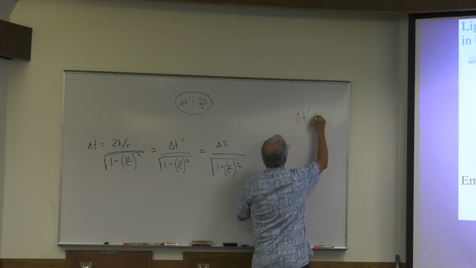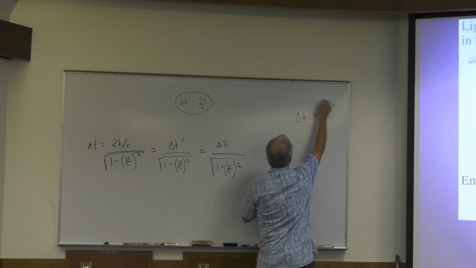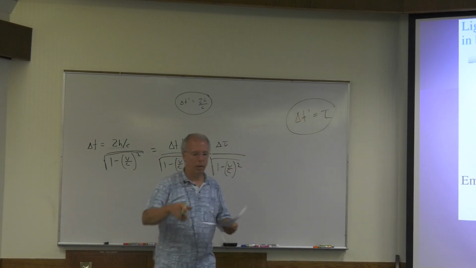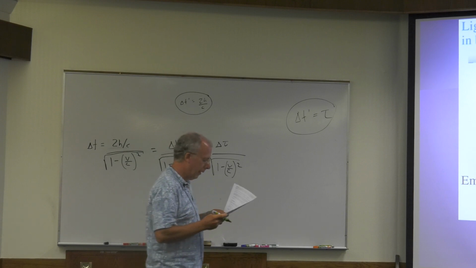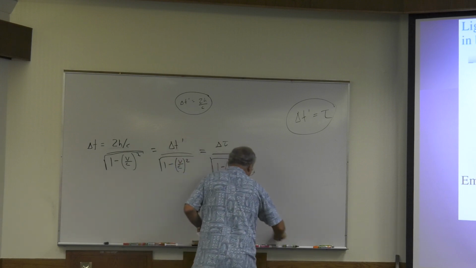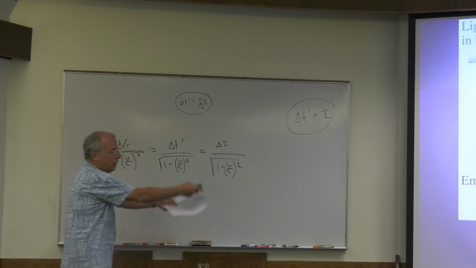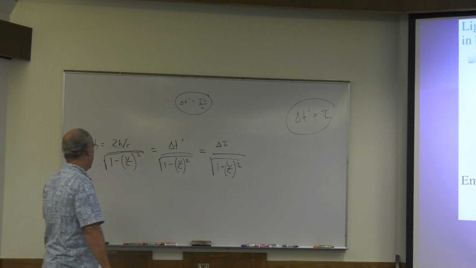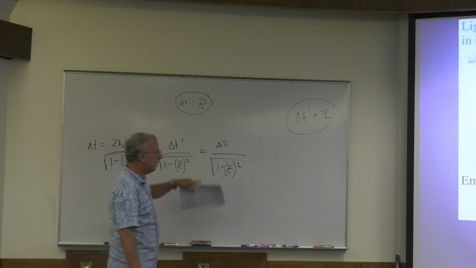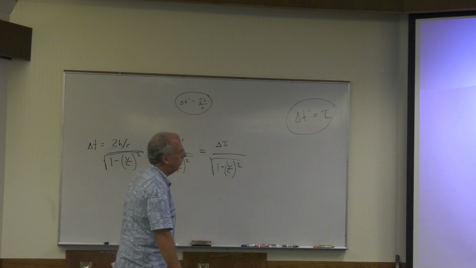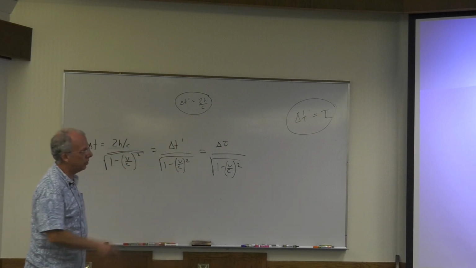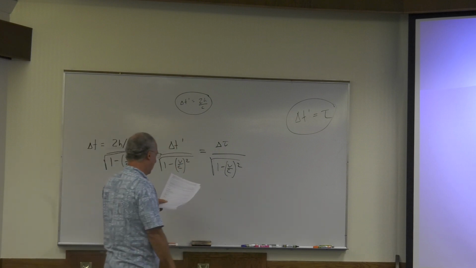It's just a simple experiment, and we show that delta t is not equal to delta t prime. So delta t equals delta tau over the square root of 1 minus (v over c) squared.